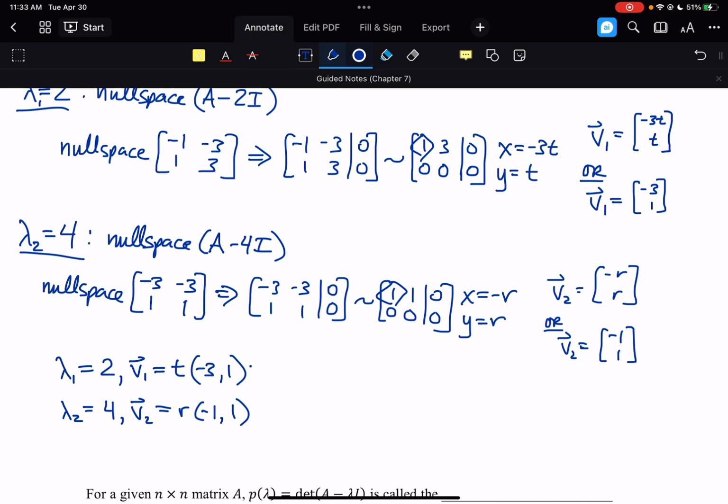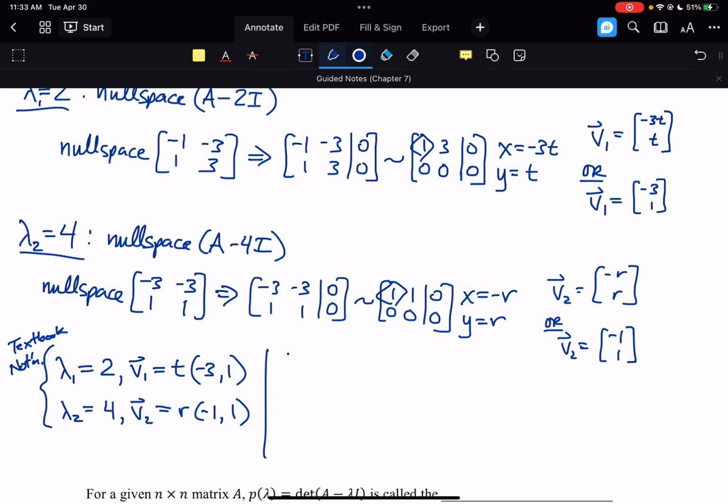This is the textbook notation, and that's perfectly fine.